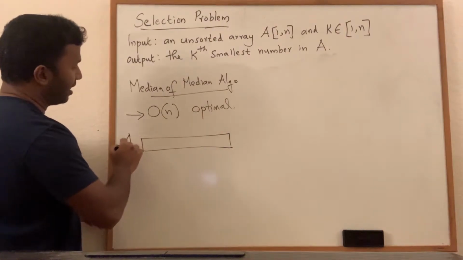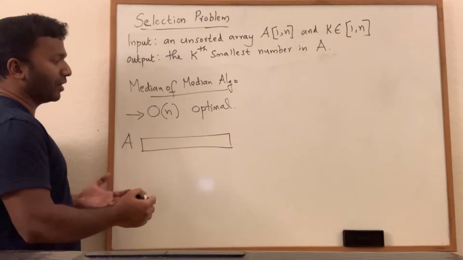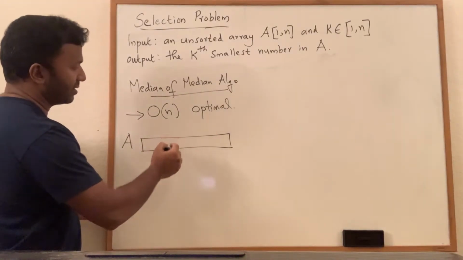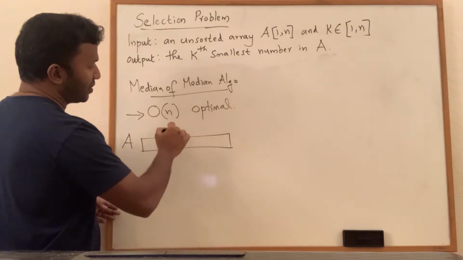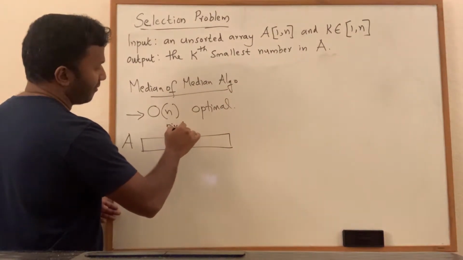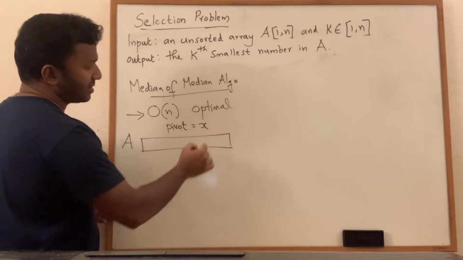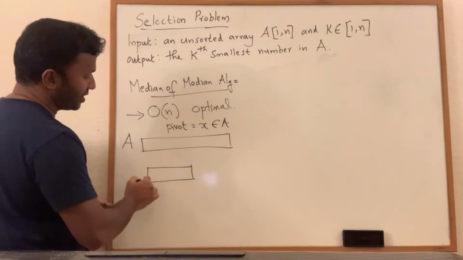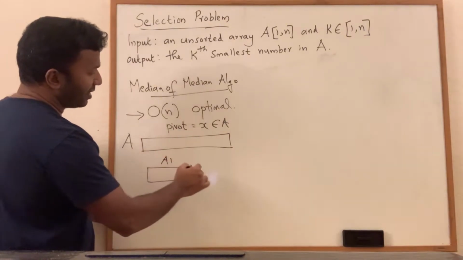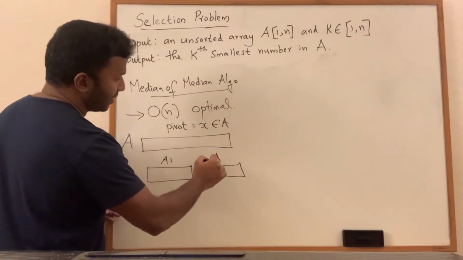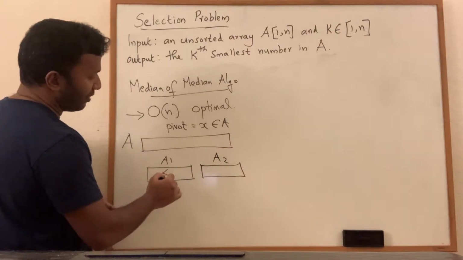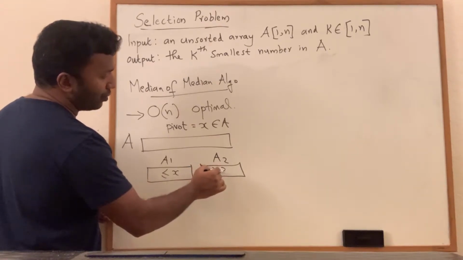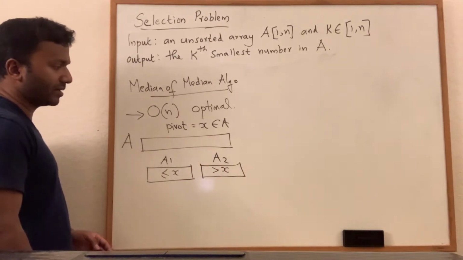We have an array A. So essentially we want to find an element which we call the pivot, let's say x, an element in A, and we want to divide this array into two portions such that you have an A1 here and A2 here, right? All the elements in A1 you want to be less than or equal to x, and all the elements in A2 you want to be greater than x, right?